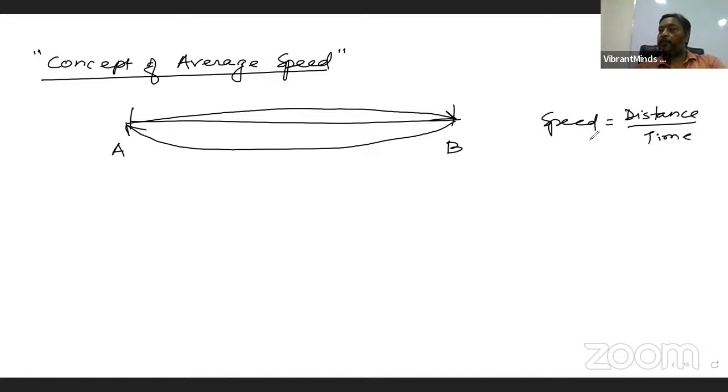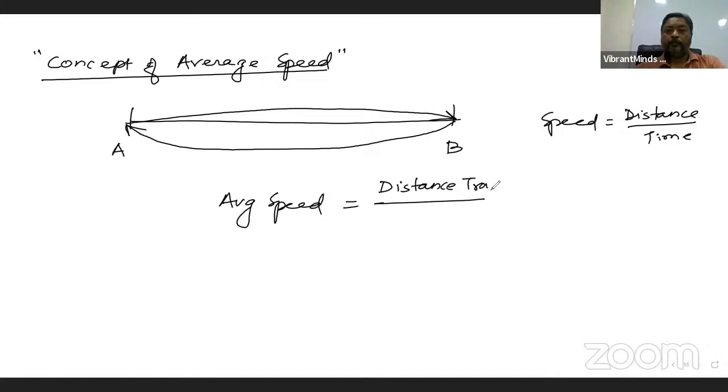But in average speed, we have distance traveled divided by time taken.